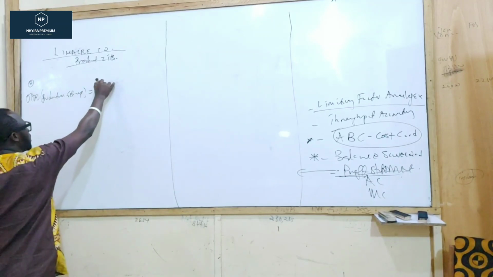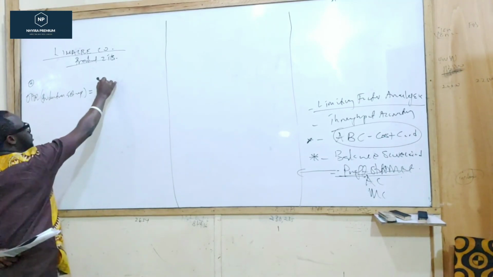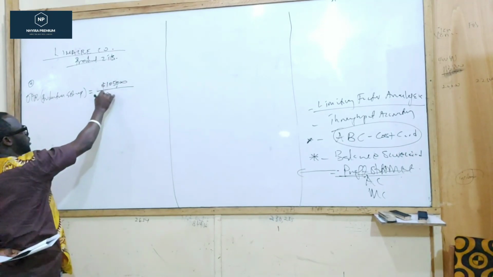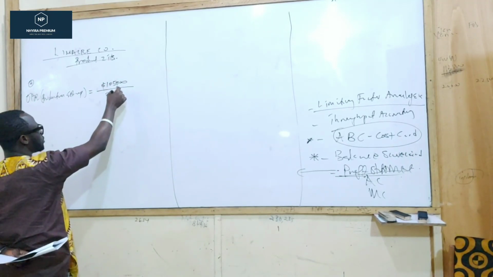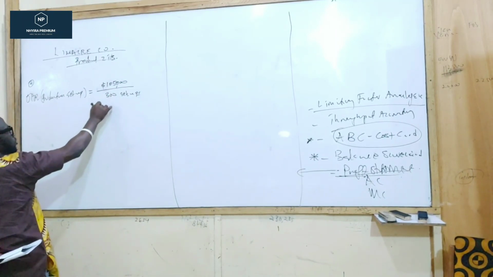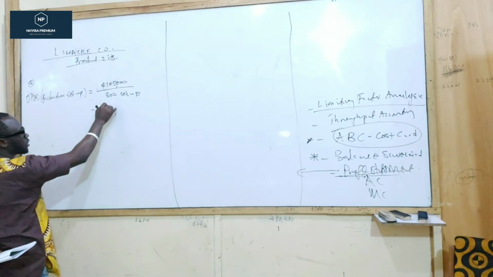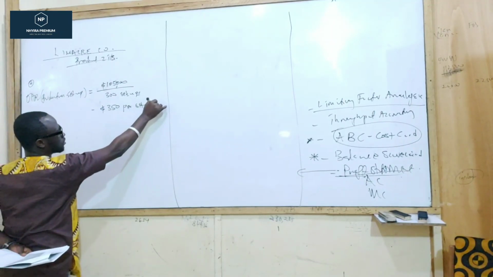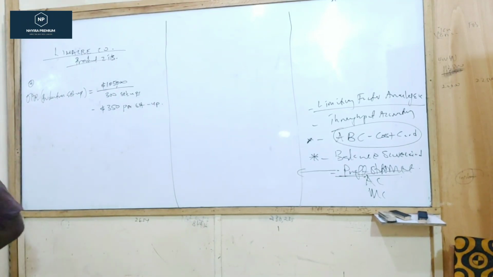The overhead is 105,000 over 300 setups. When we divide, we get $350 per setup. So that is the first overhead absorption rate.